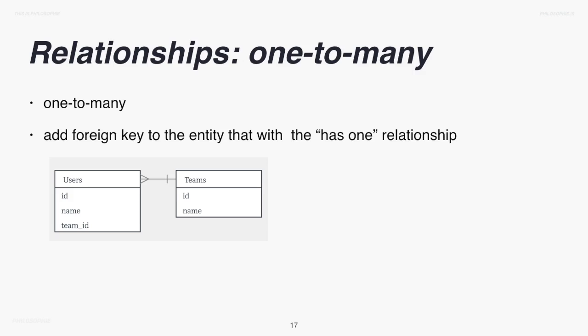The vertical line represents one, and the crow's foot with multiple lines means multiple. So to read this diagram, the user has one team, and the team has multiple users.